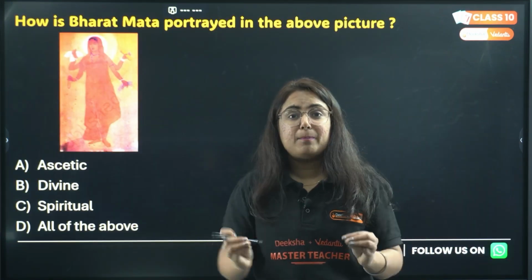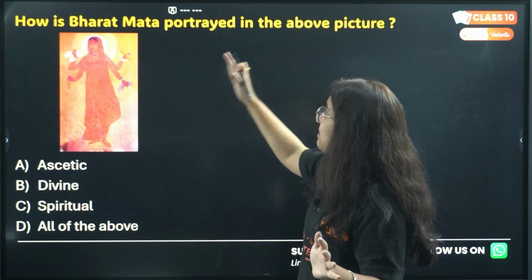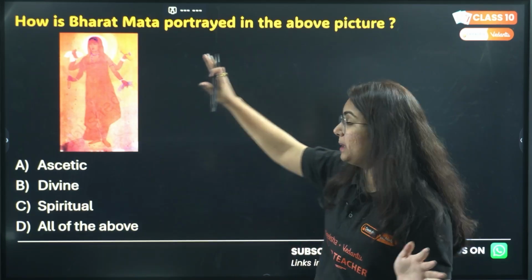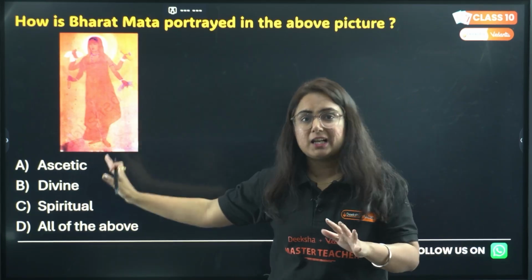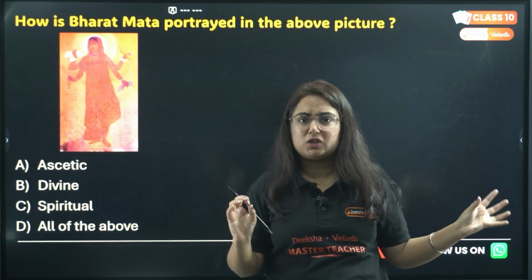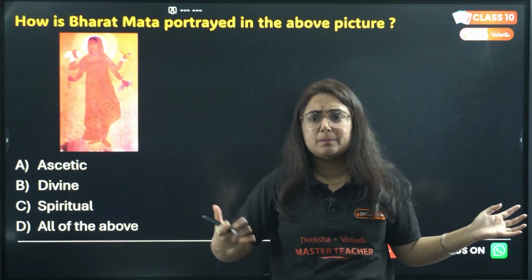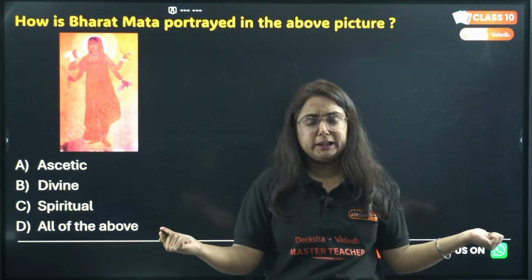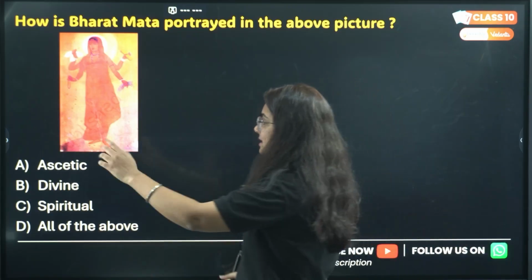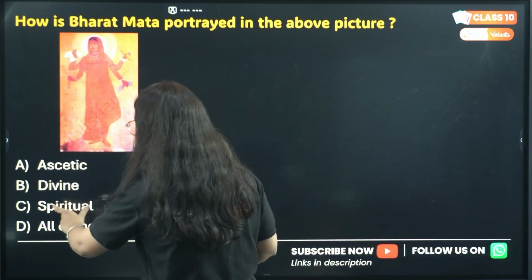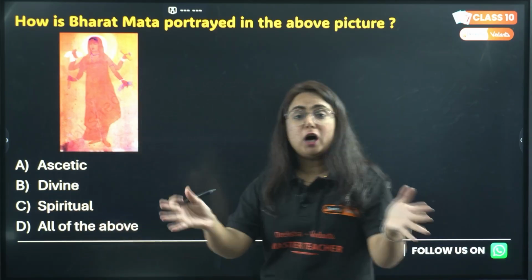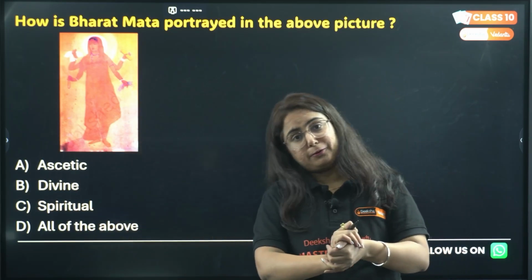I'll give you an example of such a question: how is Bharat Mata portrayed in the above picture? So this is the picture of Bharat Mata, a very old picture drawn at the time of nationalism, the freedom struggle within India. Right? Now tell, options are A, ascetic, B, divine, C, spiritual, or option D, all of the above.